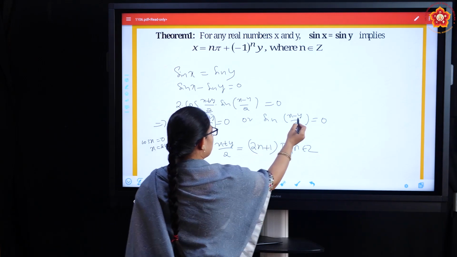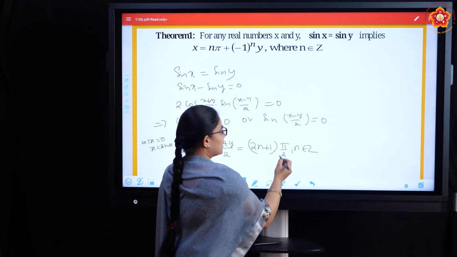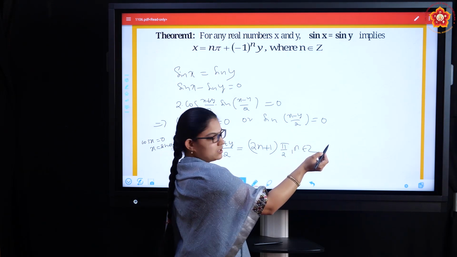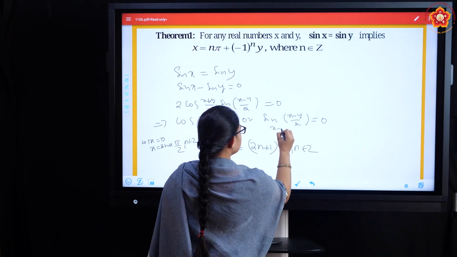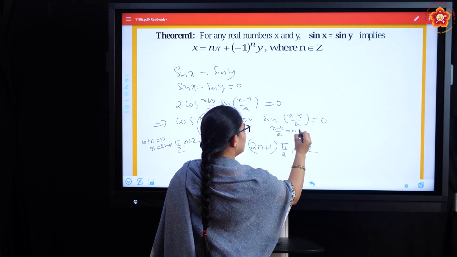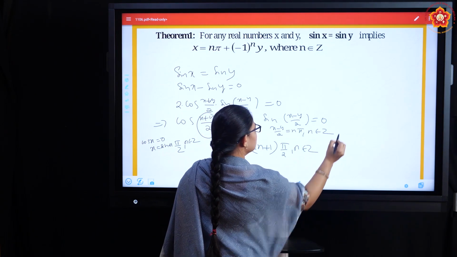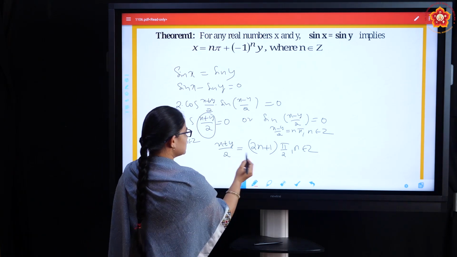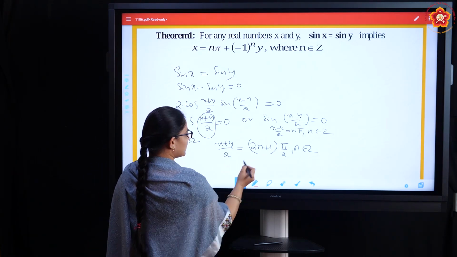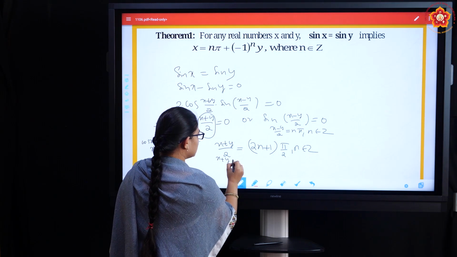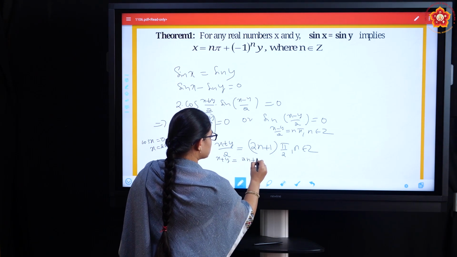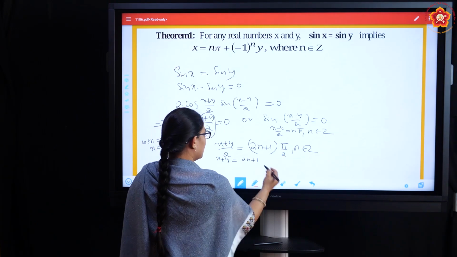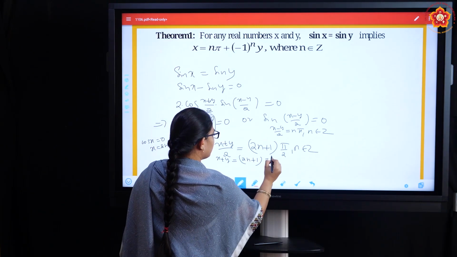Now sin (x minus y)/2 is equal to 0 means what? So sin x is equal to 0 means x should be n pi. So we can write this (x minus y)/2 should be equal to n pi for n belongs to Z. Now simplify this. I can take this 2 to the other side, so that x plus y is equal to (2n plus 1) pi by 2 times 2, 2 by 2, that is pi. So (2n plus 1) pi.